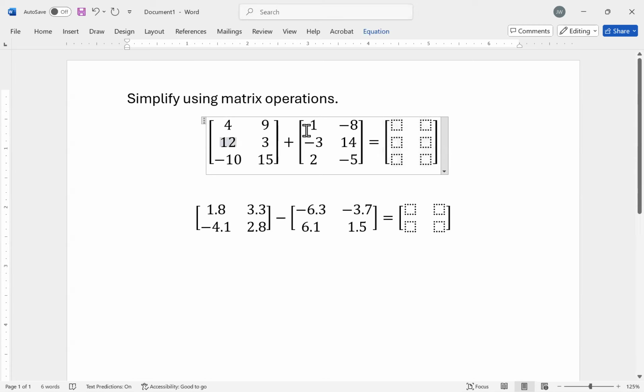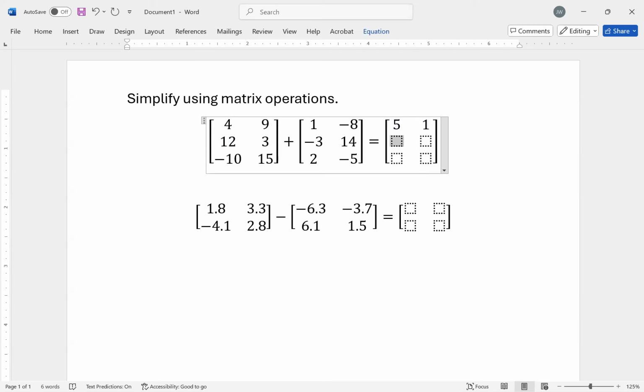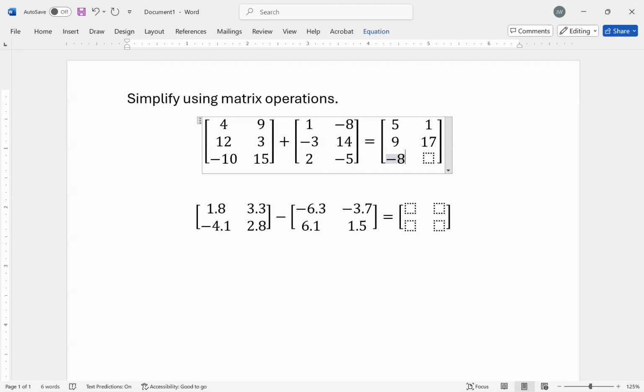So obviously 4 plus 1 gives me a 5. 9 plus a -8 gives me a positive 1. 12 plus a -3 gives me a 9. 3 plus 14 gives me 17. -10 plus 2 gives me a -8. And 15 plus a -5 gives me a positive 10. All right, so that's how to do that first problem.